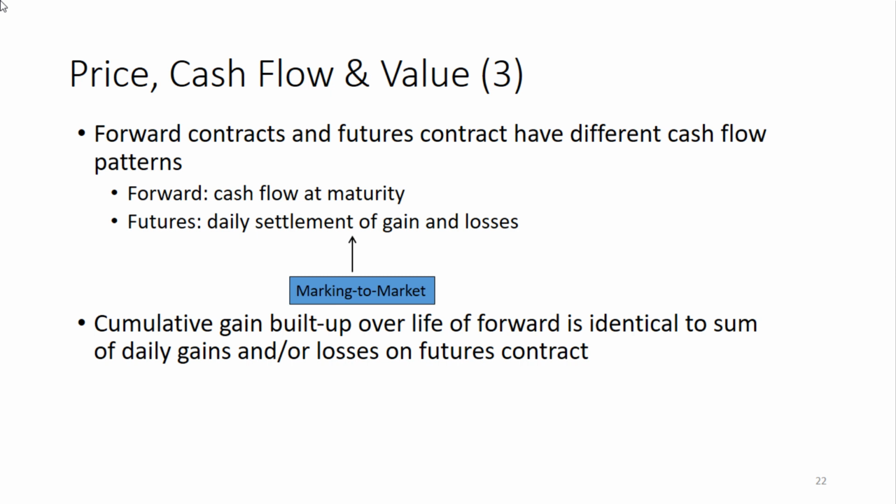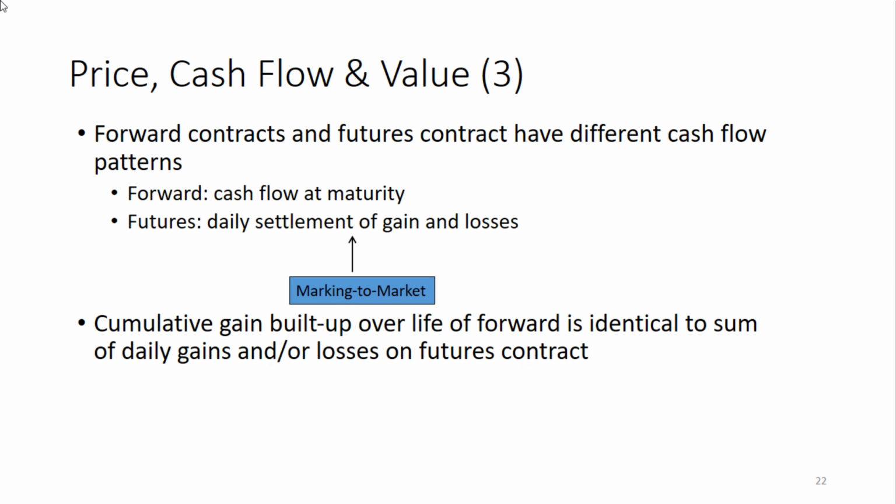Whereas with a futures contract, on a daily basis there is a settlement of the gains and losses, which we call marking to market. This means that each day there will be a transfer of money from one party to the other party's margin account.